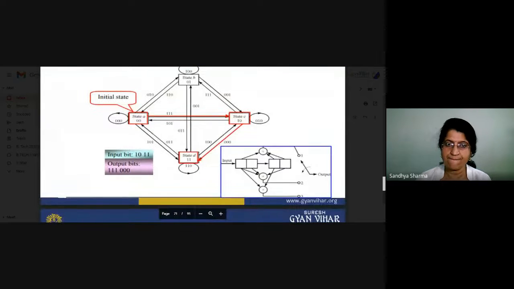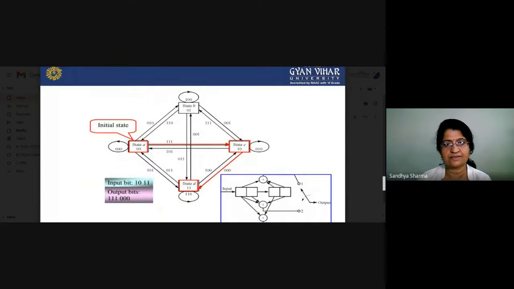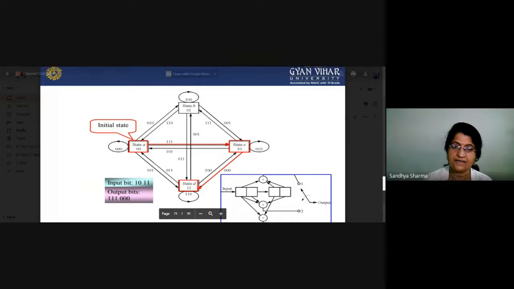Now there is again a value for which we have to calculate the transition states. What about the input bits? They are 1011. You can see here this is the encoder. These are the different combinations G1, G2, G3, which again make a group of 3 because our outputs are in groups of 3.